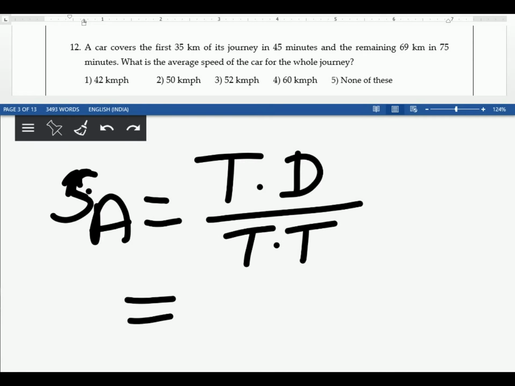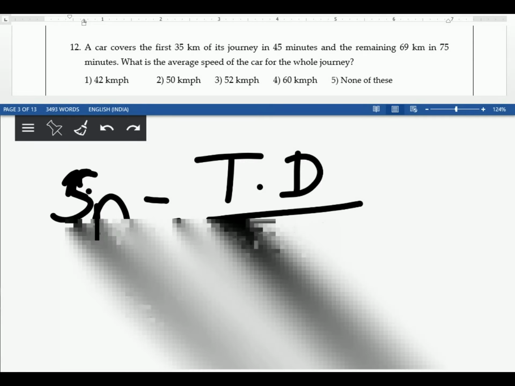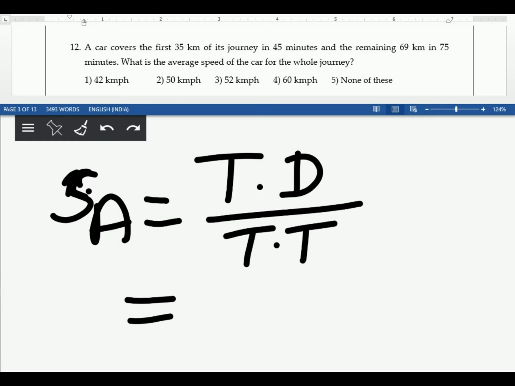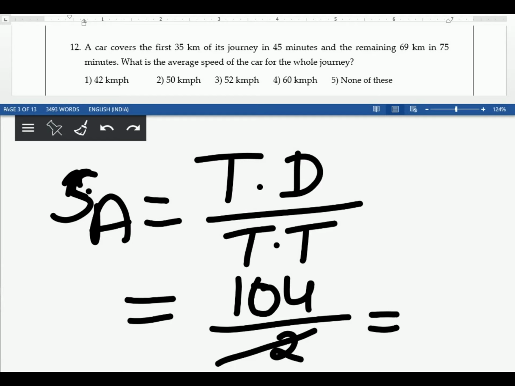The total distance is 35 kilometers plus 69 kilometers, that is 104 kilometers, by 45 minutes plus 75 minutes, that is 120 minutes. In hours it is 2 hours, so that is 52 kilometers per hour. Option number 3.